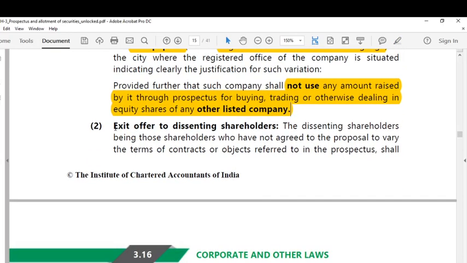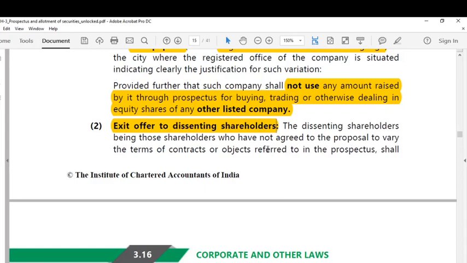Here the company, after publishing the special resolution in the newspaper, has to give an exit offer to the dissenting shareholders. Some shareholders may agree to the variation of the objects mentioned in the prospectus for which they subscribed to the shares of the company, and some of the shareholders may not be willing to continue their investments in the company because of the varying of the objects or the contracts exactly mentioned in the original prospectus.